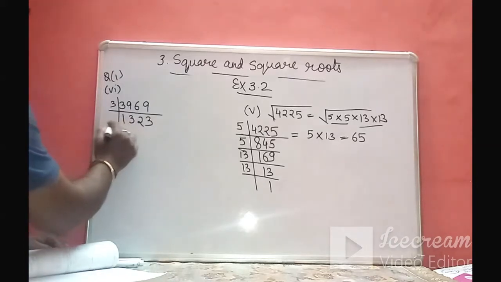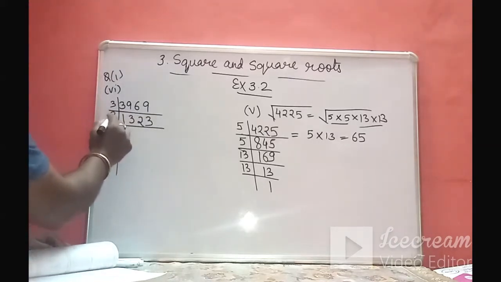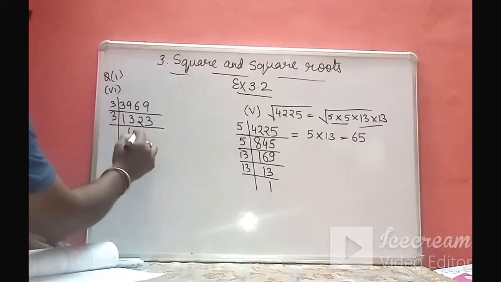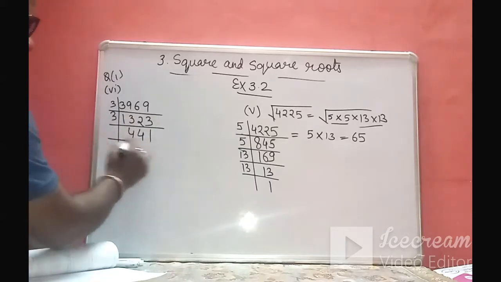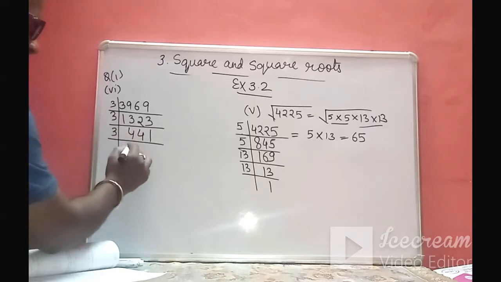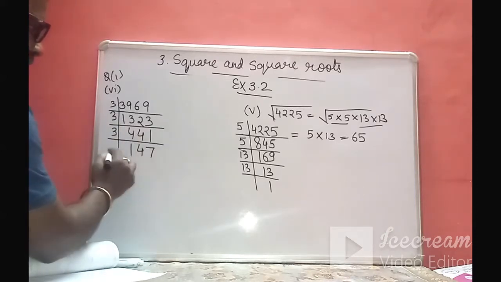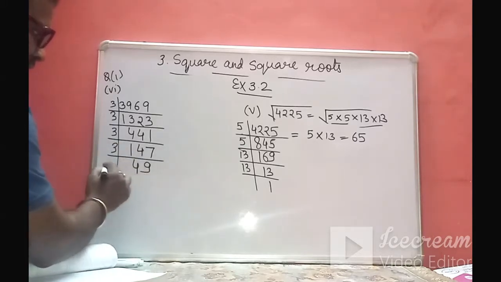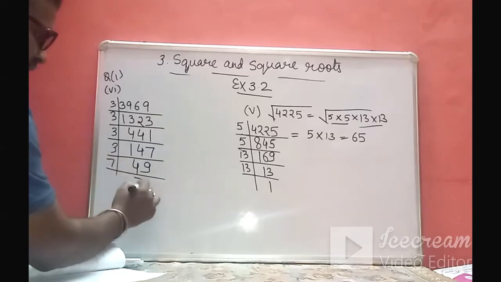Again this number is divisible by 3. Then again it is divisible by 3. Okay, again by 3 it will go. Now 49 is divisible by 7.